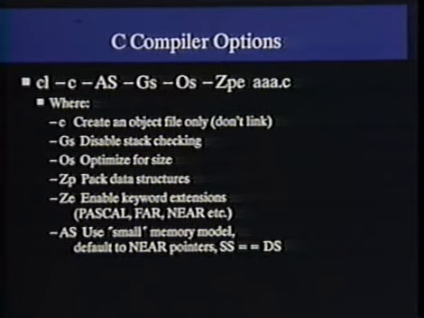The other one that you need to be especially aware of is the ZE option, which is about the 5th line down. The ZE option tells the compiler to recognize the keyword extensions, Pascal, far, near, and so on. Remember, in a Windows Presentation Manager application, our window procs must be far Pascal, so those keywords must be recognized by the compiler. The -ZE turns that particular option on.